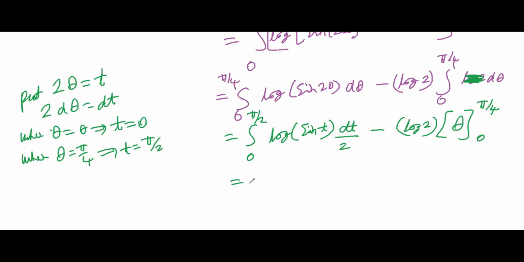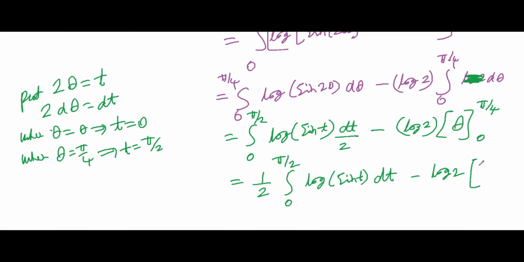Okay, this 1 by 2 is constant, I am taking out, and then I will take integration 0 to pi by 2 log of sine t dt minus log of 2, and then this is pi by 4. Okay, upper limit minus lower limit, which is 0.